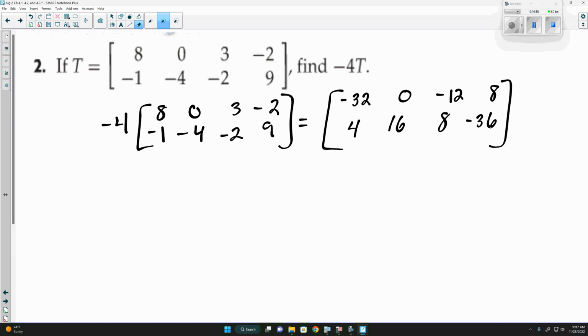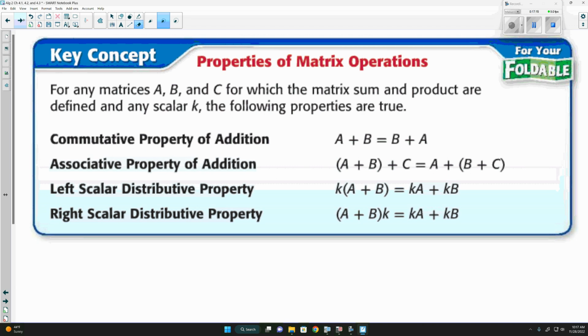Questions on any of this so far? We good? Now, just having scalar multiplication, doing that's not too bad by hand, or just doing each one in the calculator. Now, the commutative property of addition holds true with matrices.